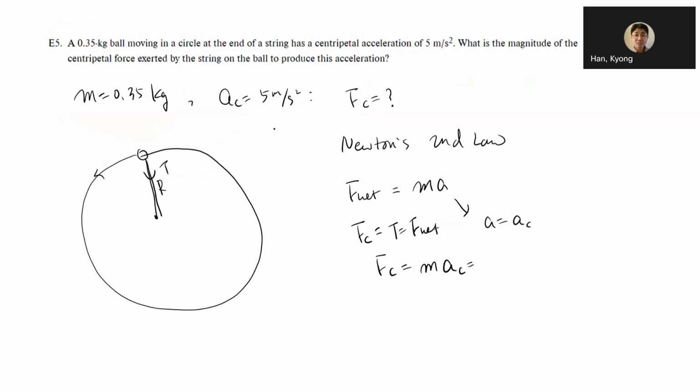M is the mass of the ball, 0.35 kilogram, times the acceleration, 5 meters per second squared. This will be 1.75 Newtons. The unit of force is Newton, so the centripetal force is 1.75 Newtons. This is the answer to this question.